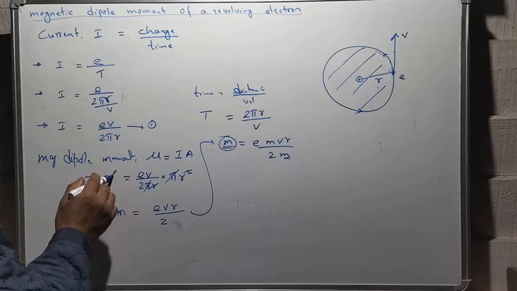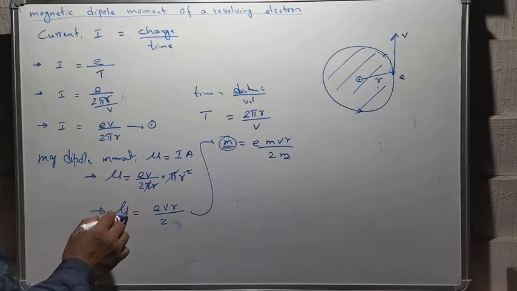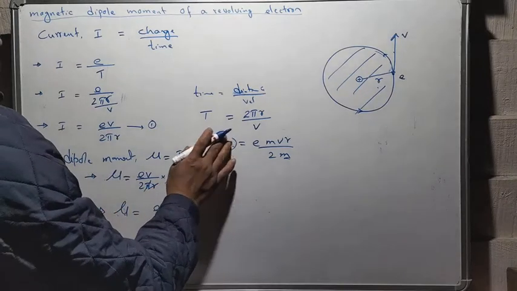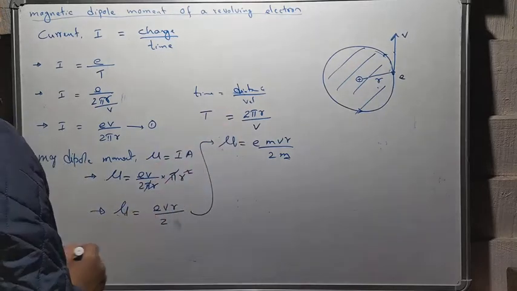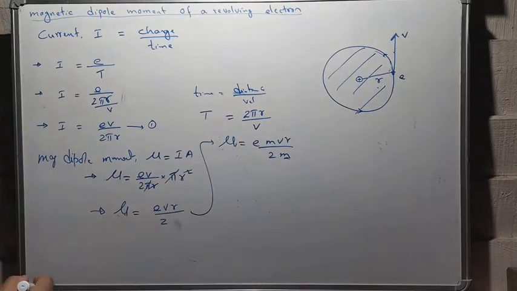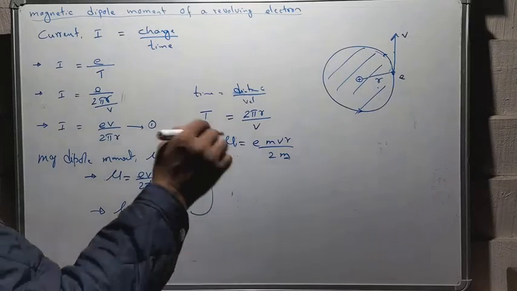So mu stands for the magnetic dipole moment of a revolving electron.